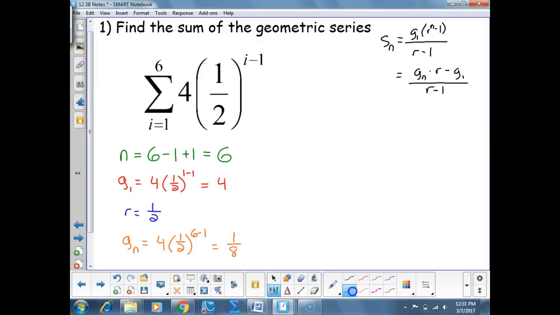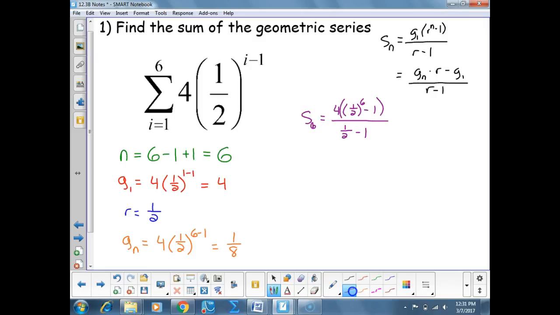All right. So the sum up there of the first 6 terms is going to be my first term, 4 times 1/2 to the 6th power minus 1 all over 1/2 minus 1. Now, I would use a calculator. Do you have to? No, but I would. So 1/2 to the 6th power is 1/64.